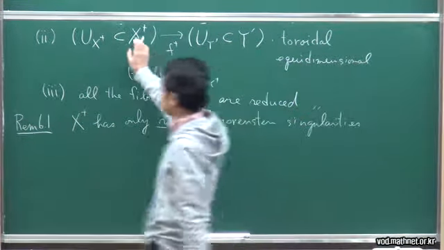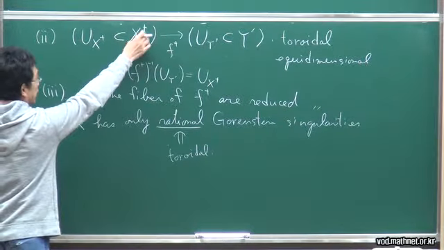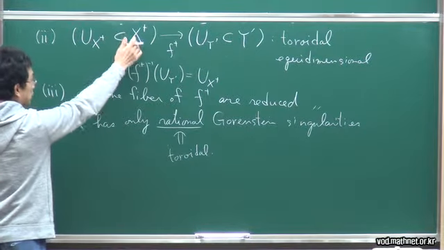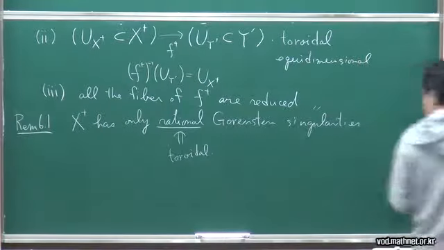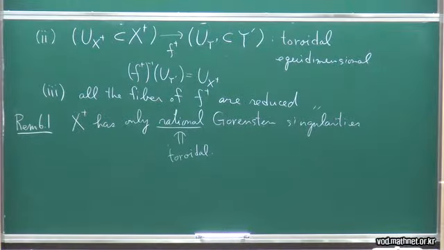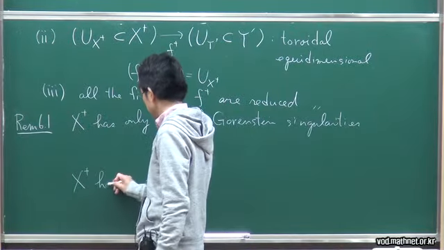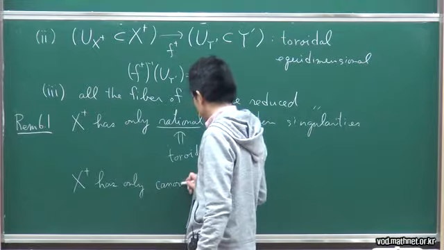So in condition 2, X dagger is locally isomorphic to a toric variety, so the singularity is rational. So X dagger has only rational Gorenstein singularities, so X dagger has only canonical Gorenstein singularities.